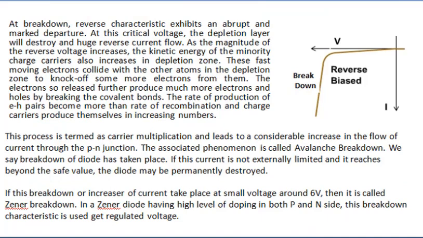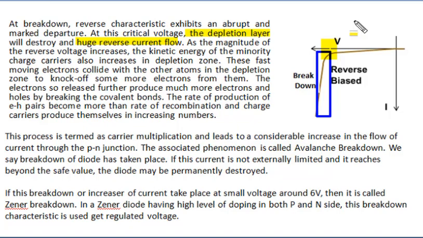The reverse saturation current is almost constant, but at some particular voltage we can see a huge flow of current. This happens because at this particular voltage the depletion layer will break down and huge reverse current will flow.